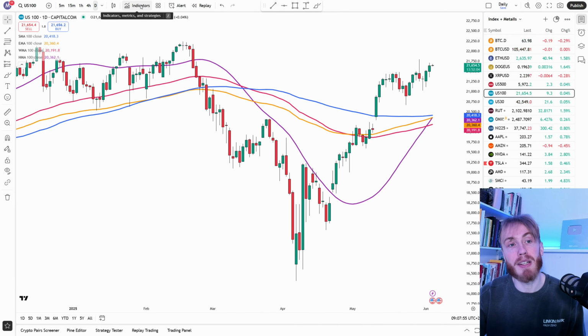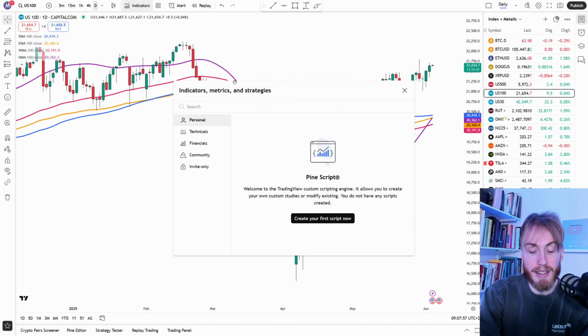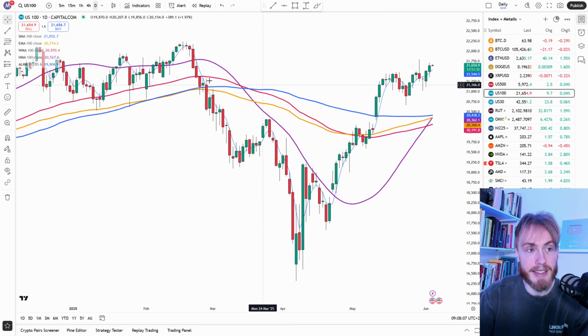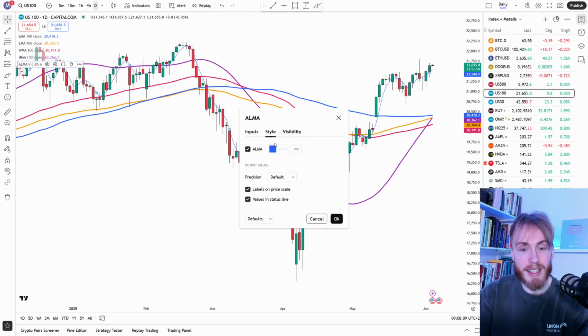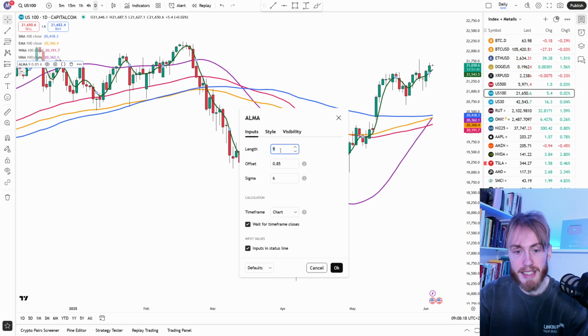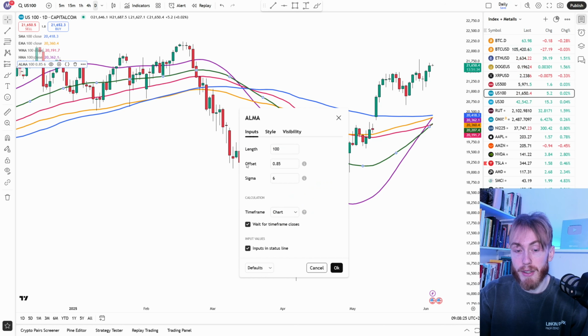Once again, we go up here to the indicators tab, and now we want to search for the ALMA. I think that is enough. Yes, you can simply search for ALMA, and you want to open up this one right here. Then we go to the settings once again. Let's change the color to maybe green like that. Make it bigger and change the length here to 100. As you can see, as I talked about, the ALMA has some other parameters as well, like the offset and sigma.